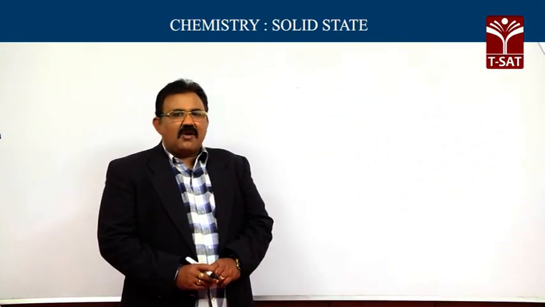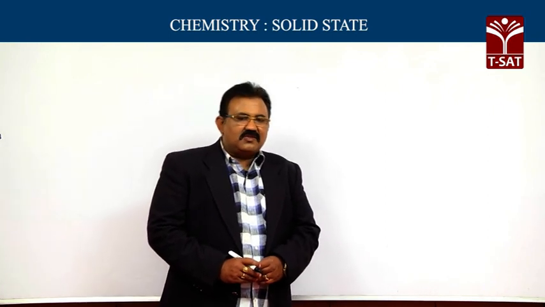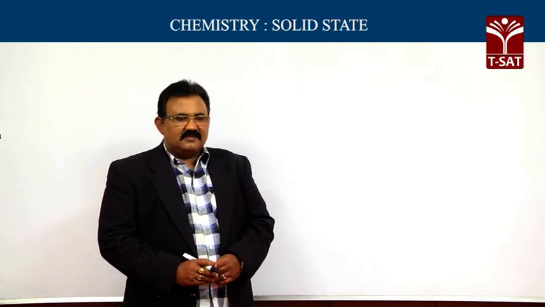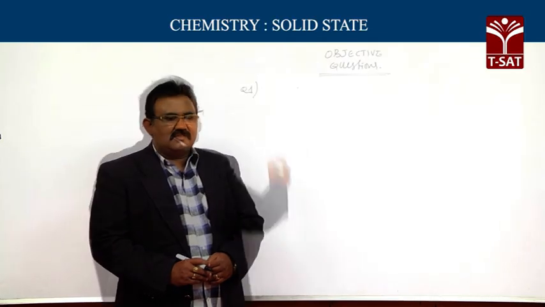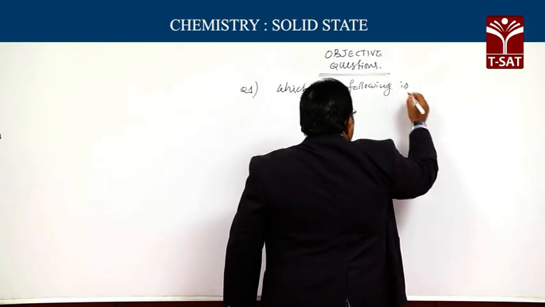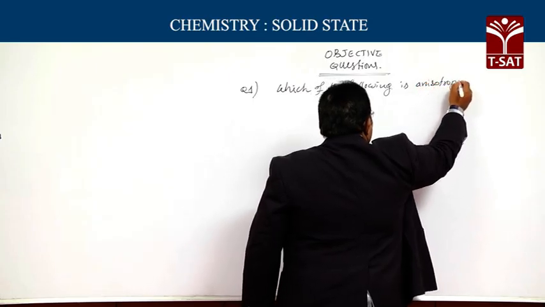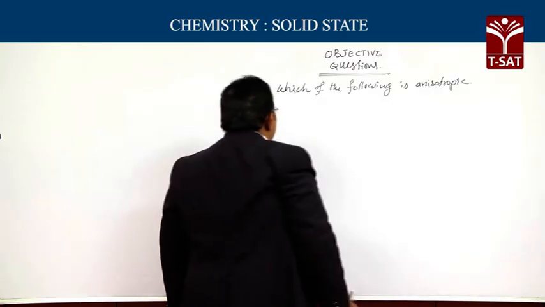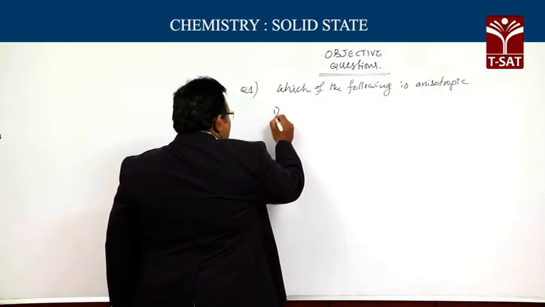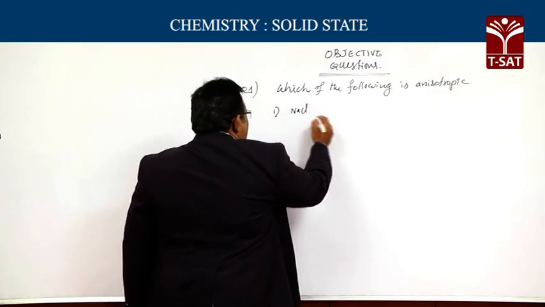Let us discuss how the objective questions will be given for the students who are eagerly waiting for their competitive examinations. Which of the following is anisotropic? My question is, which of the following is anisotropic? Option 1 is NaCl.